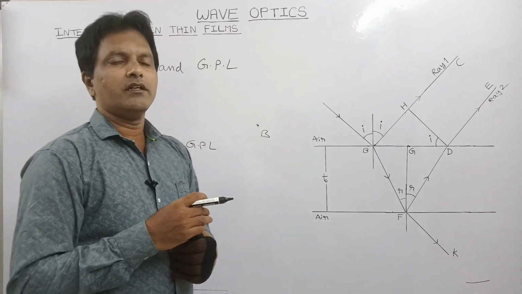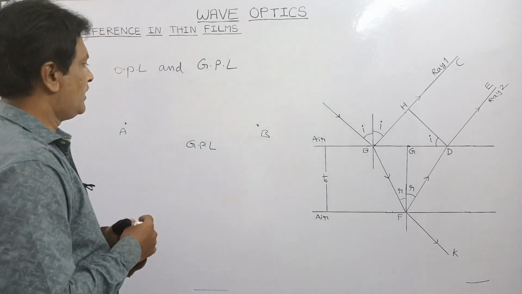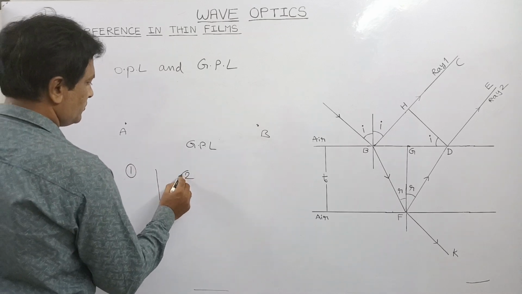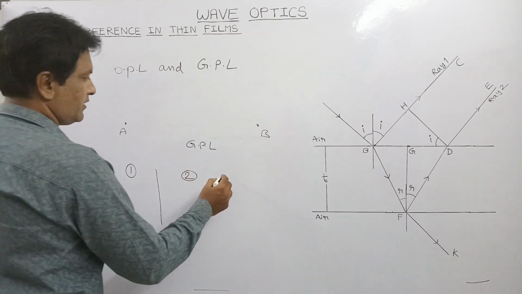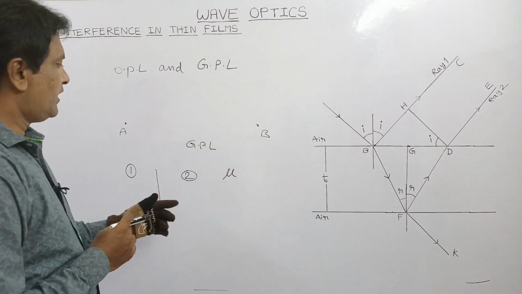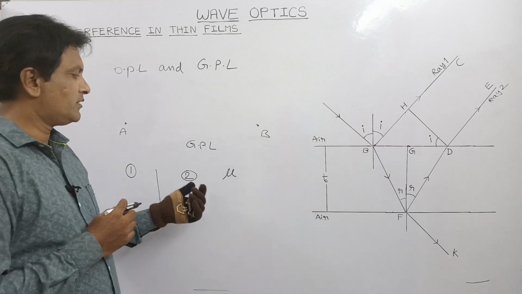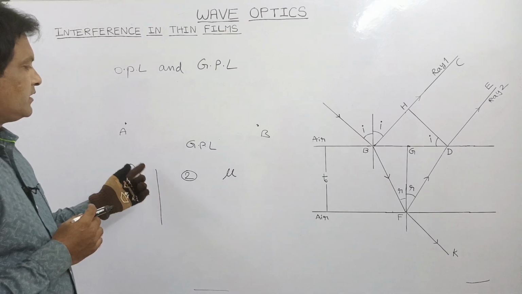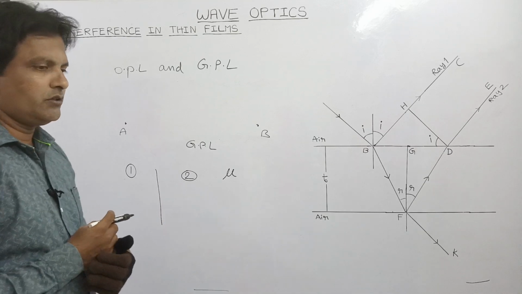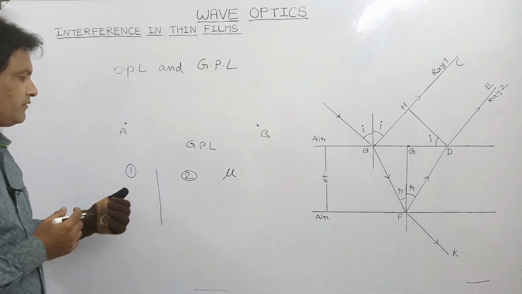When light enters from medium 1 to medium 2, and the second medium has a refractive index of mu, the light travels with velocity mu times lesser in the second medium, so the distance covered in the second medium takes mu times more time compared to the first medium.